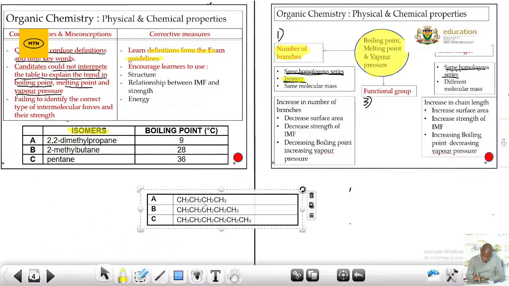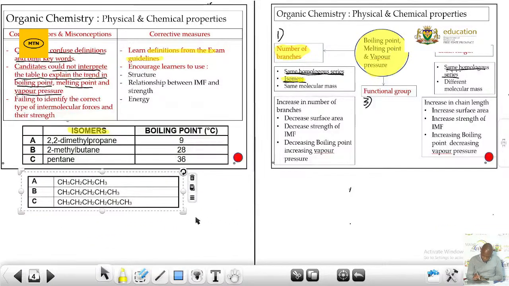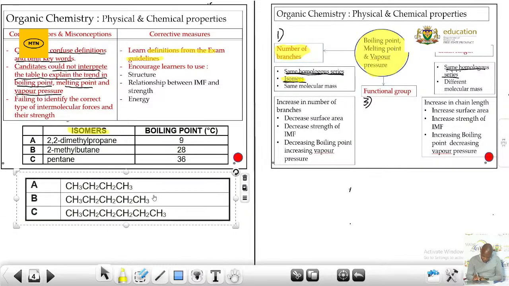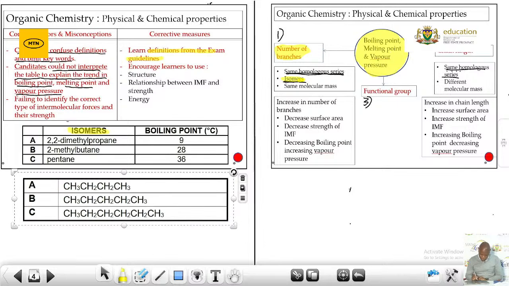Now let's quickly bring this one forth also. This one will explain the chain length. When I look at A, it's shorter, B is longer, and the longest here is C. So we are now increasing the number of carbons, and increasing the number of carbons means we are going to have a difference in molecular mass.